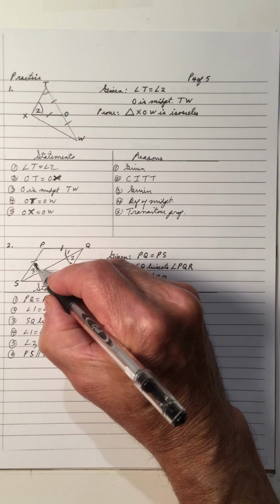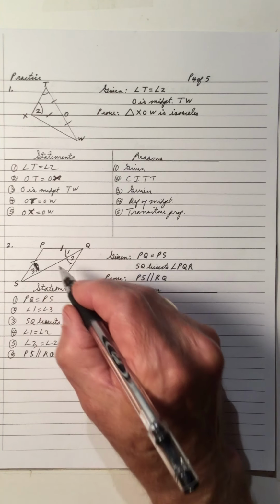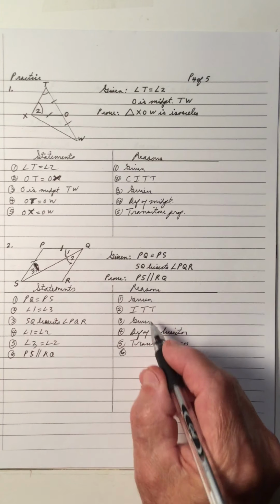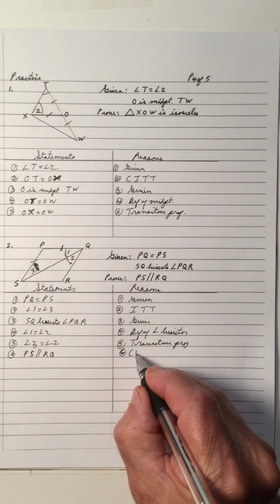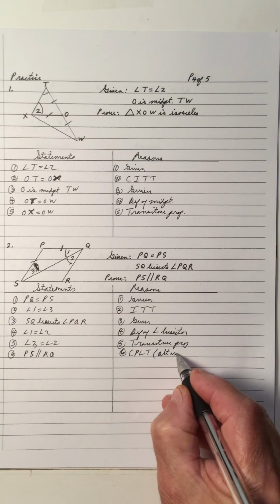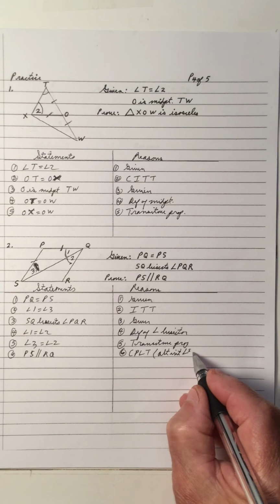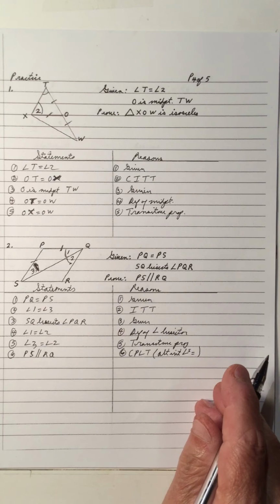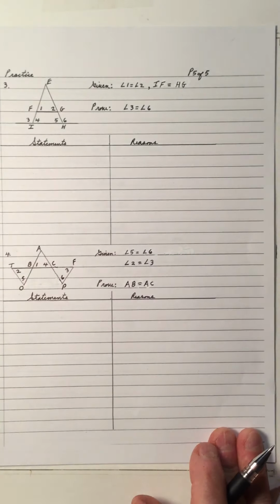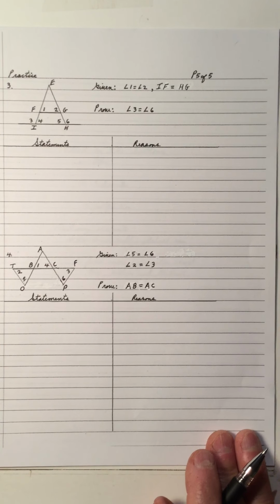Can't put two strokes on that because these are equal. That's why, they're alternate interior angles. So it's the converse of the PLT, alternate interior angles equal. Okay, there we go. Some more proofs.